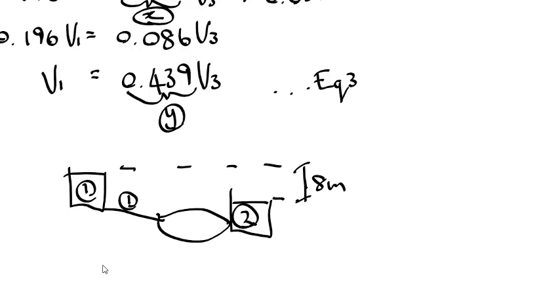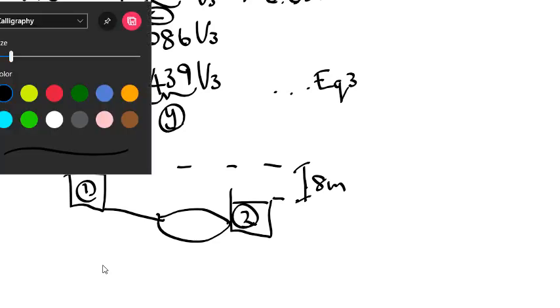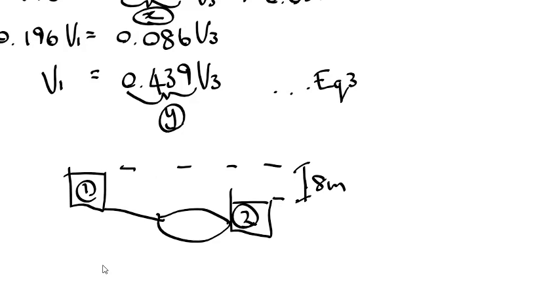Let's use a different color, for example green. So we have pipe 1 here, and we have pipe 2 here, and we have pipe 3 here.